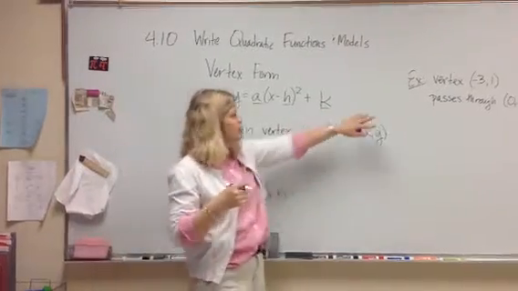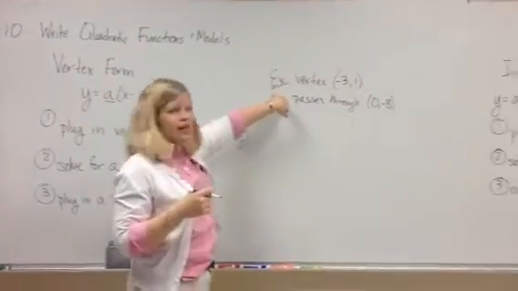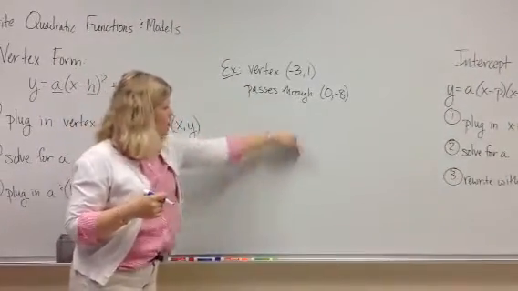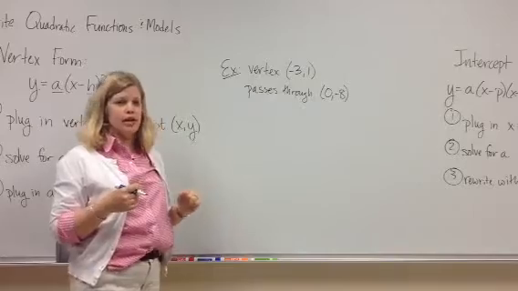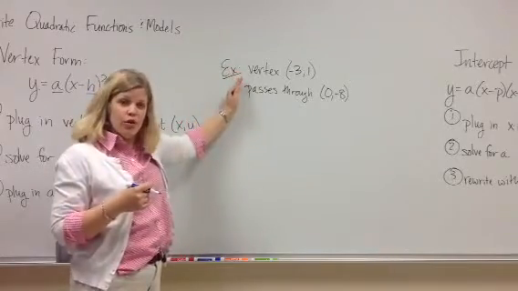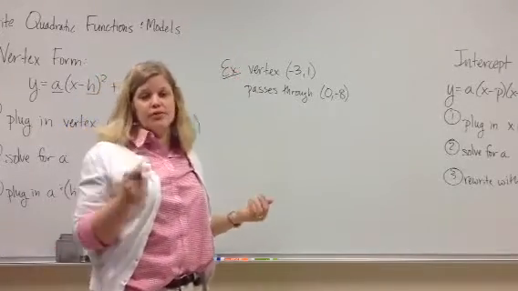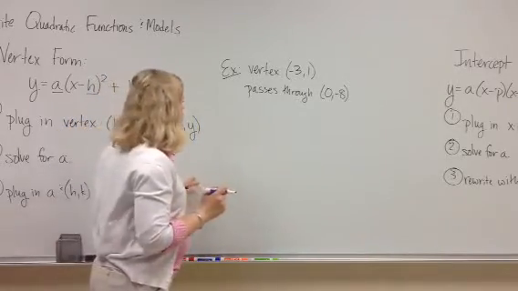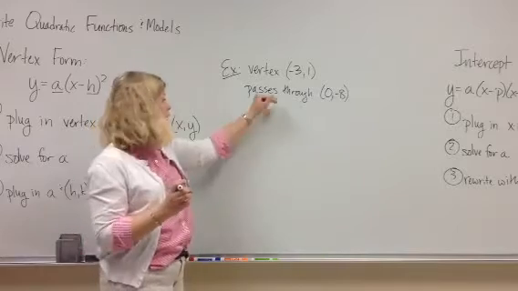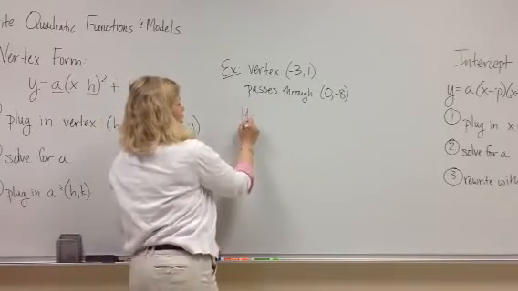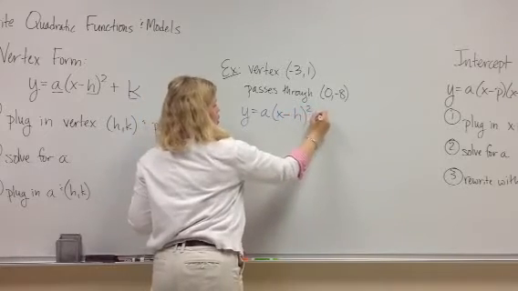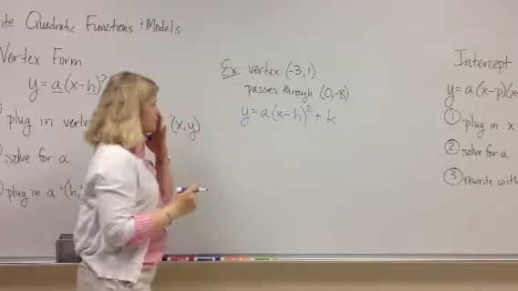Let's try our first example. So our vertex is (-3, 1). And this quadratic, this nice curve, also is passing through (0, -8). I might list it for you, or I might just give you the graph and you get to find the point. But a lot of times I label it and everything, so it shouldn't be any more difficult than having it listed. So we write out y = a(x - h)^2 + k.